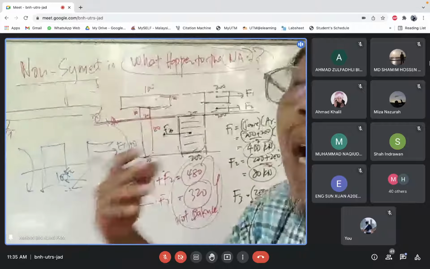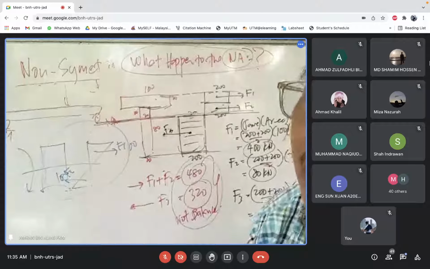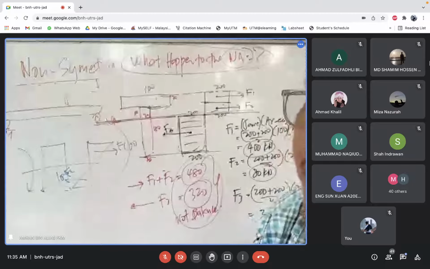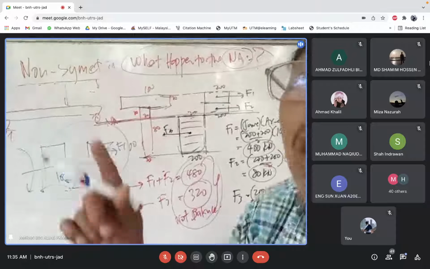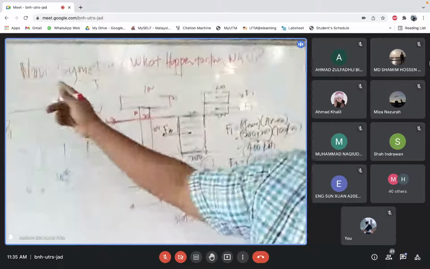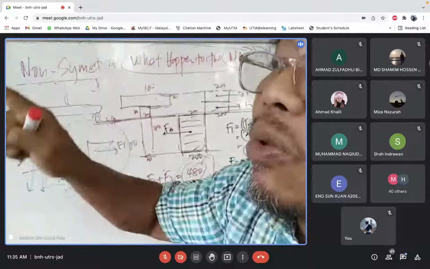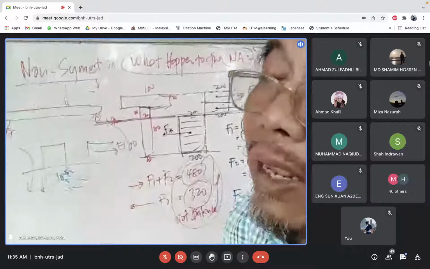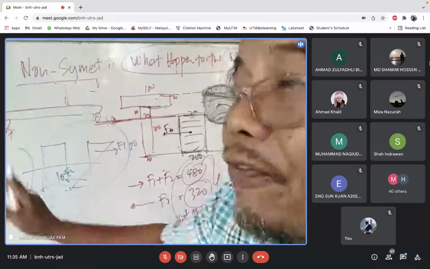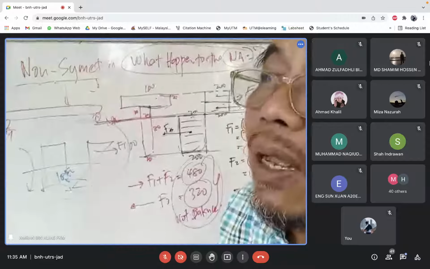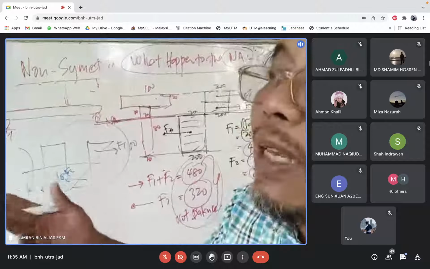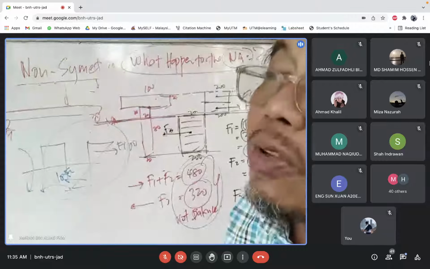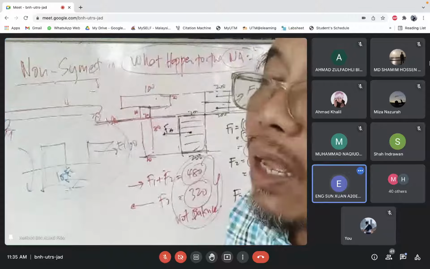So how do we find the position of the neutral axis? Just now we used the old equation: y bar equals A1 y1 plus A2 y2 divided by A, right? That is valid for elastic cases only. When it is partial plastic and fully plastic, that is not valid anymore.